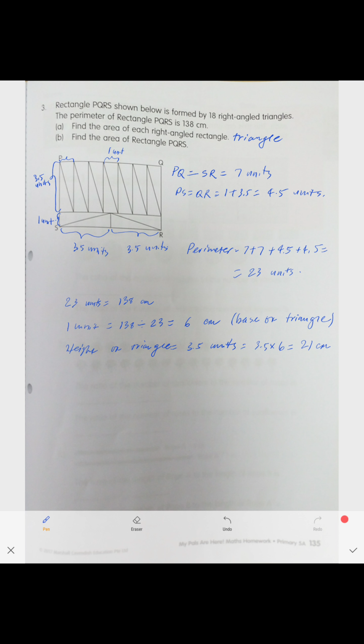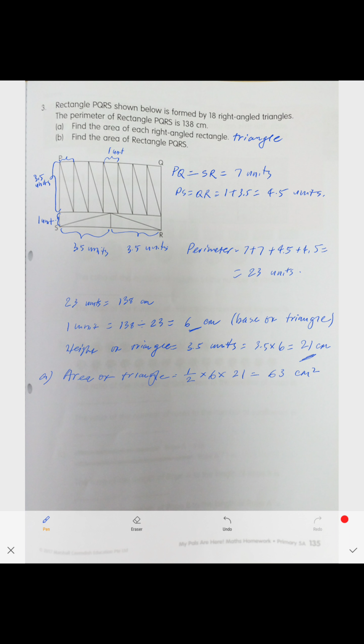So we got our base, we got our height. We can calculate the area. Area of triangle is equal to 1/2 times 6 times 21, 63 square centimeters.